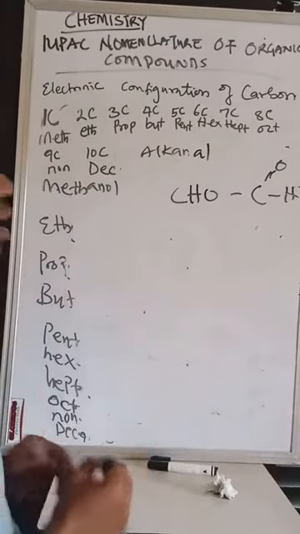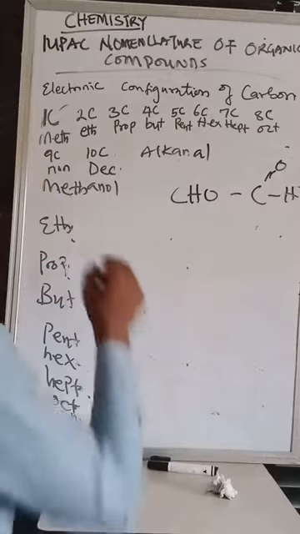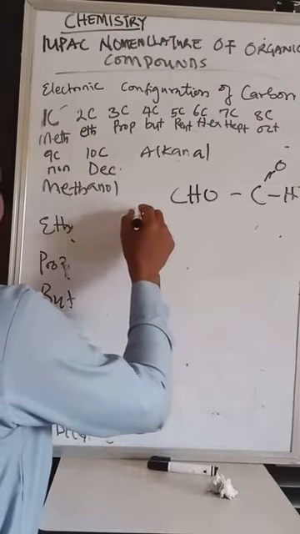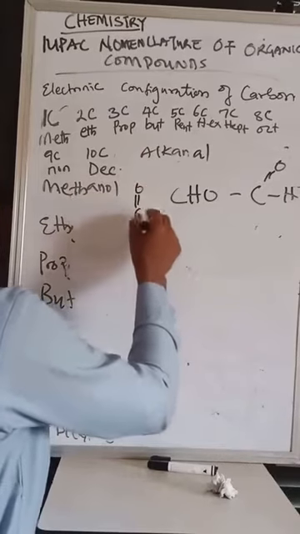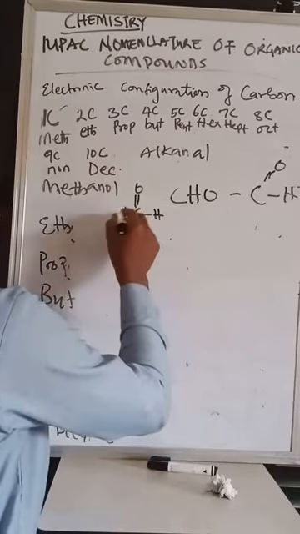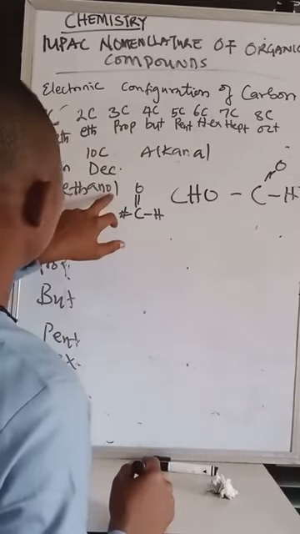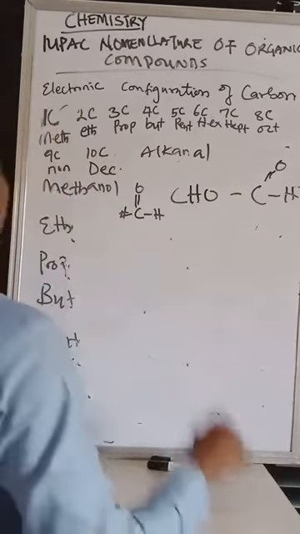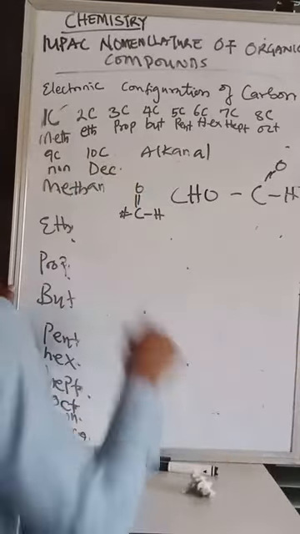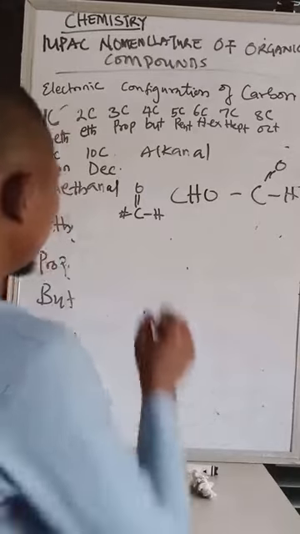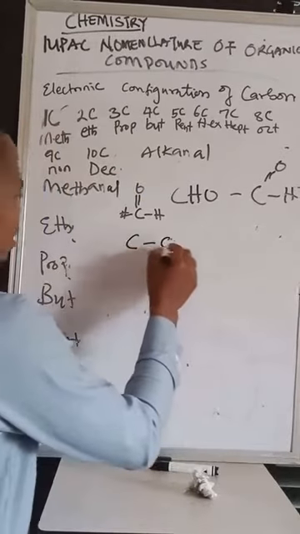So in naming alkanals, the first member, C double bonded O, H, H. You change the ending of this OL, now will become what? AL. So instead of having methanol, you call it what? Methanal.